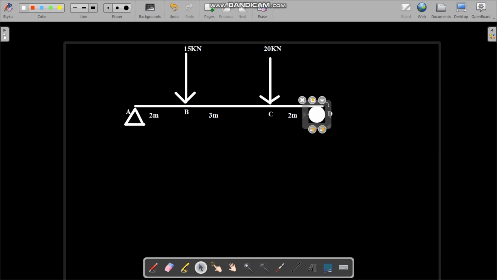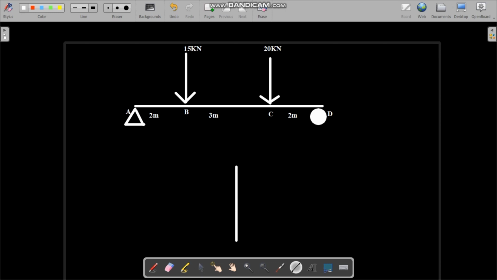You can see there are two supports, one hinge support and the second a roller support, and two point loads applied on the beam: one is 15 kilonewton, the second is 20 kilonewton. So that is the whole diagram.